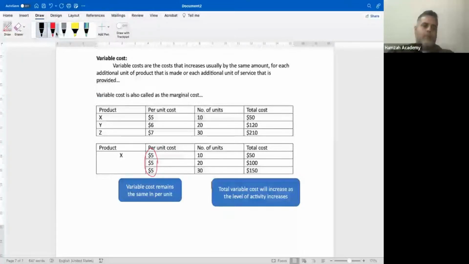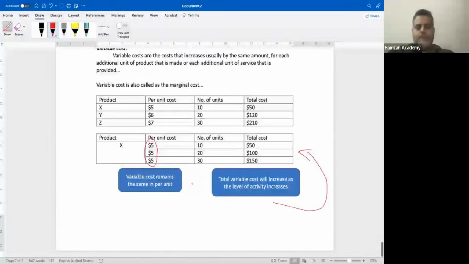As my level of activity increases, this cost is increasing as well. Otherwise, if I look on a per unit basis, it's the same, right?